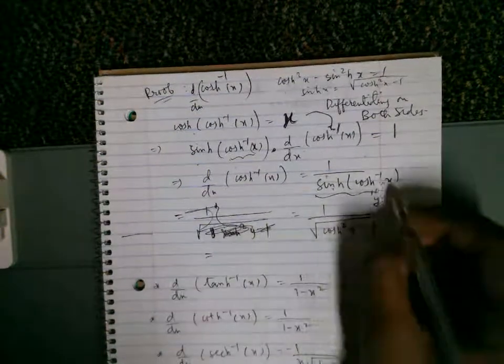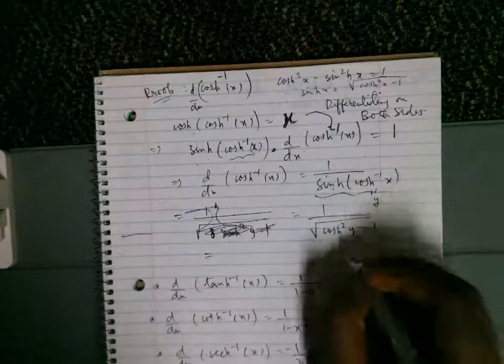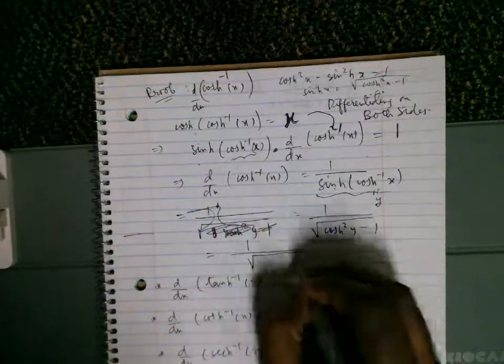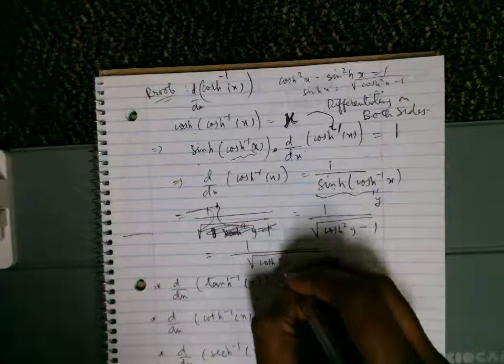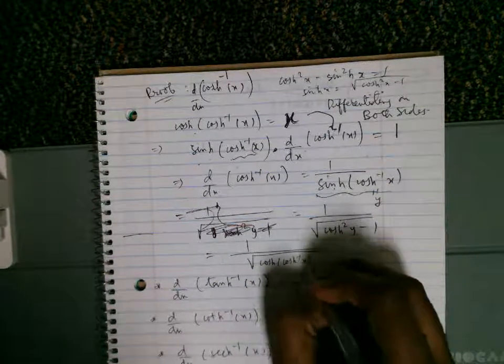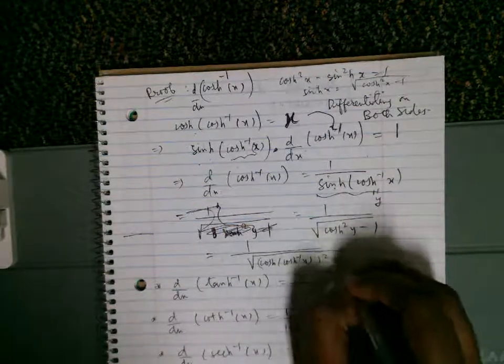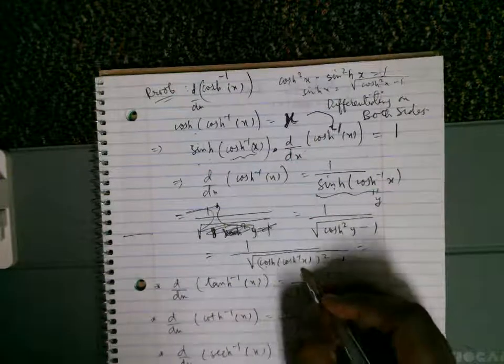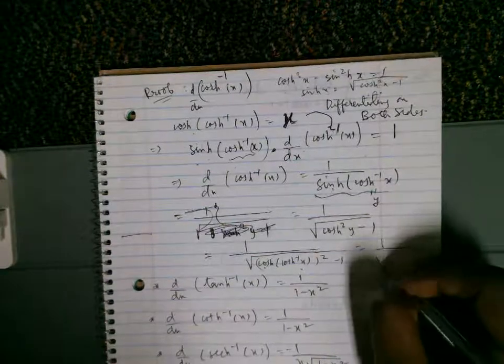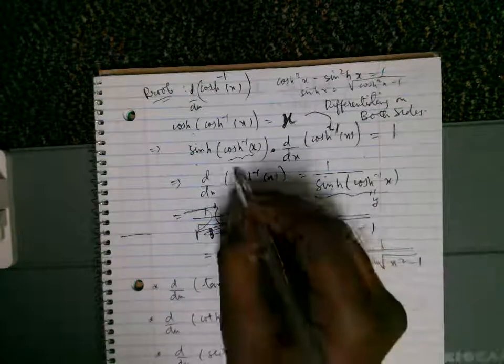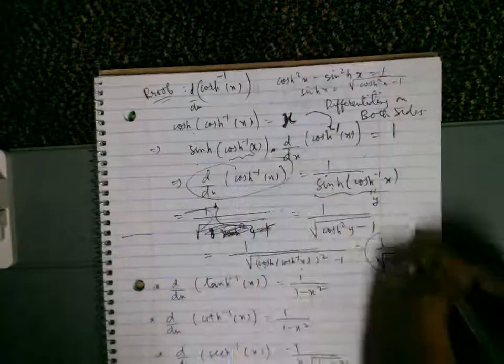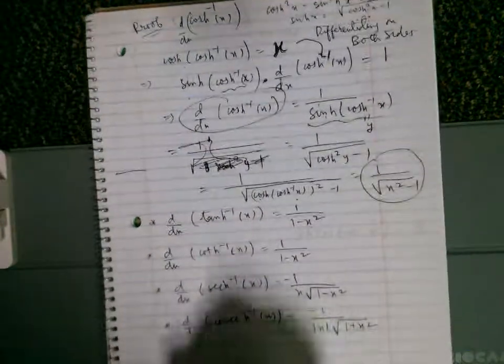But if this is y, then this is just 1 by square root of (cosh of cosh inverse of x) whole squared minus 1. So we know that cosh of cosh inverse x is just x. So this is 1 by square root of x squared minus 1. So that means the derivative of cosh inverse is 1 by square root of x squared minus 1, as we wanted to prove.